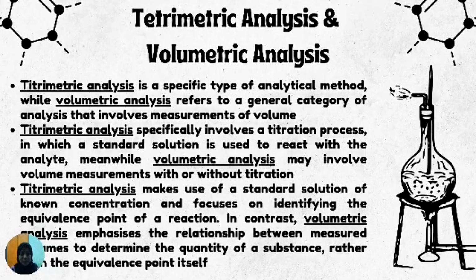Titrimetric analysis specifically involves a titration process in which a standard solution is used to react with the analyte. Meanwhile, volumetric analysis may involve volume measurement with or without titration. Titrimetric analysis makes use of a standard solution of known concentration and focuses on identifying the equivalence point of the reaction. In contrast, volumetric analysis emphasizes the relationship between measured volume to determine the quantity of a substance rather than the equivalence point itself.